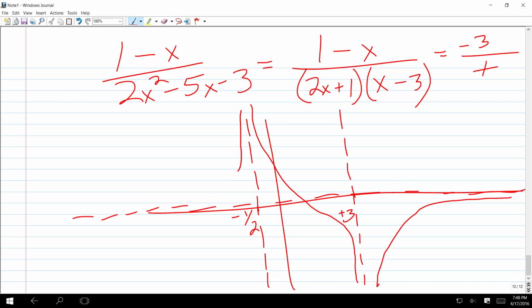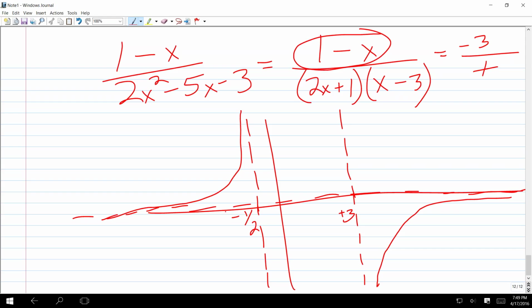And almost certainly there. I still don't know quite what's going on in the middle, so let me erase that line. But at this point, I'm relatively certain that I've got the outsides drawn correctly. If I let x equal minus 1, the numerator is positive, the denominator is also positive.